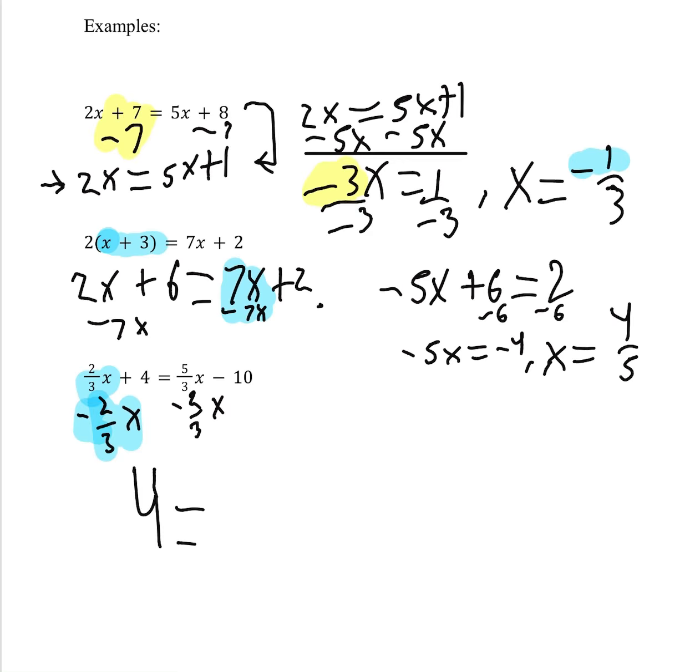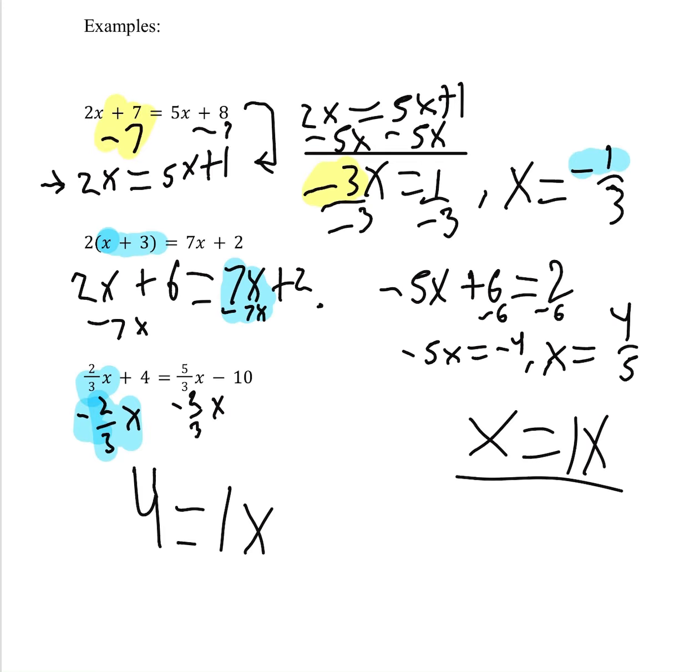Now 5/3 minus 2/3, that's 3/3, which is 1x. And then this brings up an important note. X equals 1x. So we don't write 1x really because it's implied that not writing a 1 in front of x means it's just x.